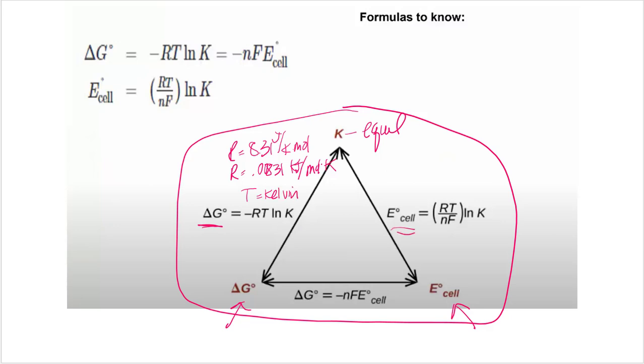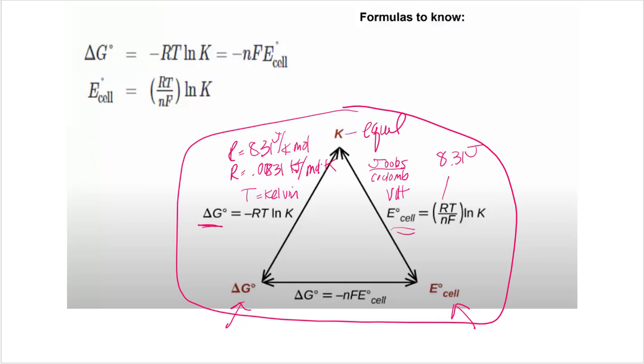Over here for your Ecell, this is a voltage unit. And we learned just a few slides ago that voltage is equal to joules per coulomb. So for our R, we want to use that 8.31 joules because that's what we want for our top number here.